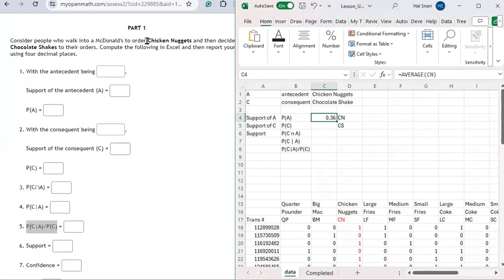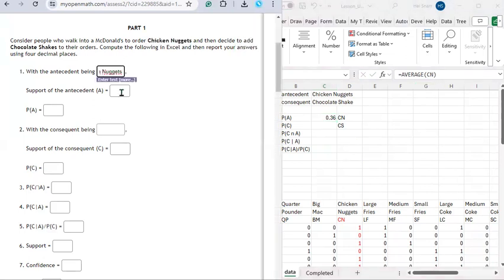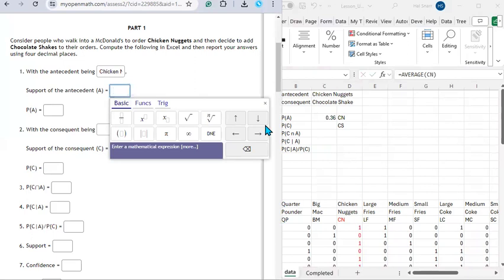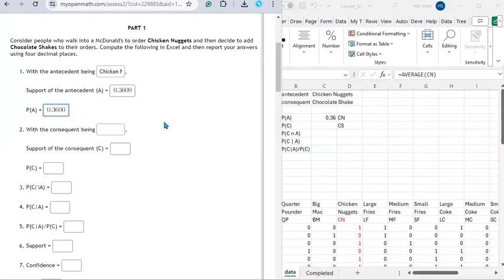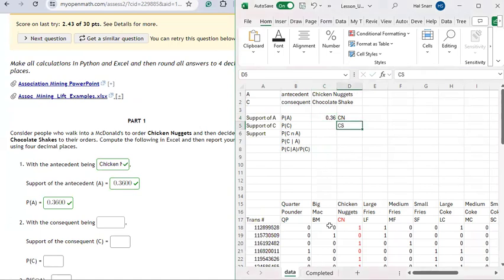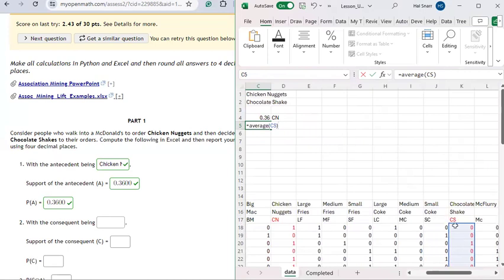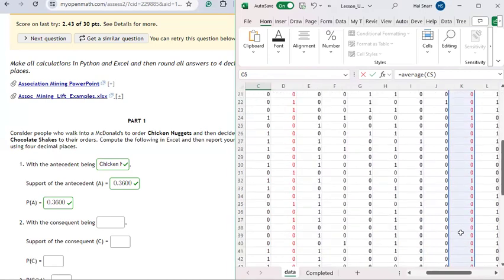So our antecedent is chicken nuggets. Our support for the antecedent is 0.3600. The probability of the antecedent is 0.3600. Now, what about the consequent? Chocolate shake, right? So we're going to average this object highlighted in blue here.